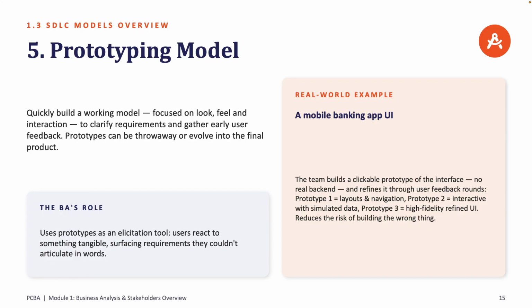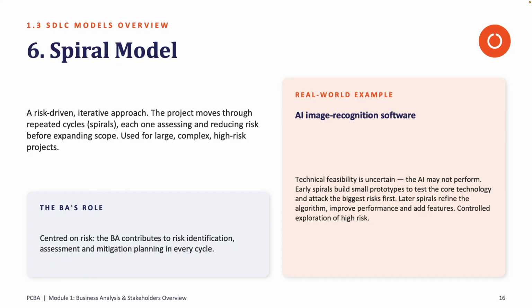Talk about the layout and navigation. How is the layout? How are people navigating? Are people finding it hard? Is it a complex website and so on? Talk about interactive prototypes with simulated data, and then a high fidelity refined user interface. I'm quite sure that in your line of work, you've come across this as you try to develop systems.